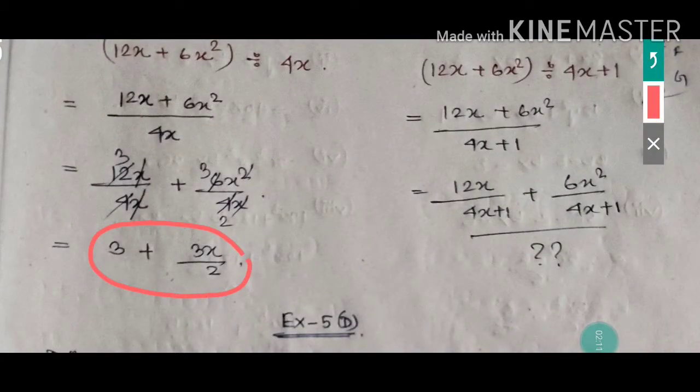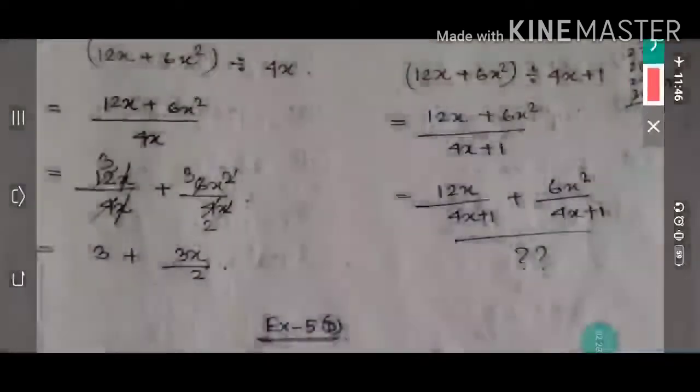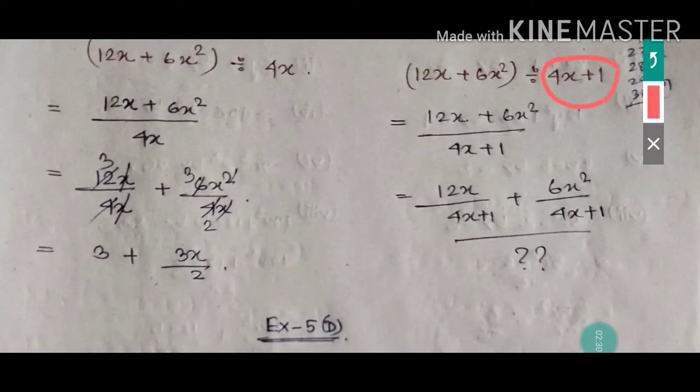That means after doing the division, if you divide these terms by this term, then you will get this. So we can split the numerator by the denominator if a monomial is given. Suppose the numerator is the same but the denominator is different, a binomial, that means more than one term, binomial or trinomial, whatever it is.